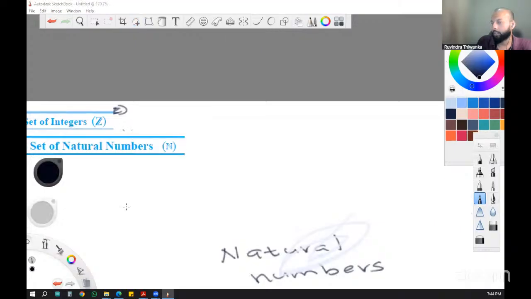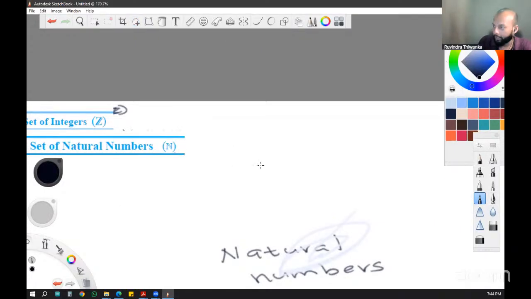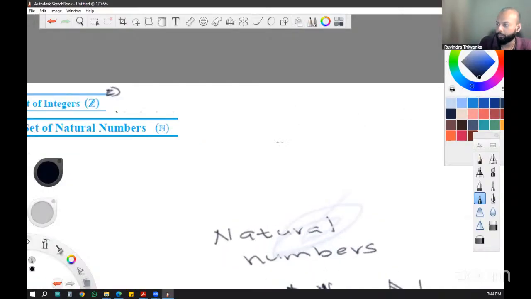The N symbol. Natural numbers are the counting numbers. Natural numbers are the set of counting numbers: 1, 2, 3, 4, 5.